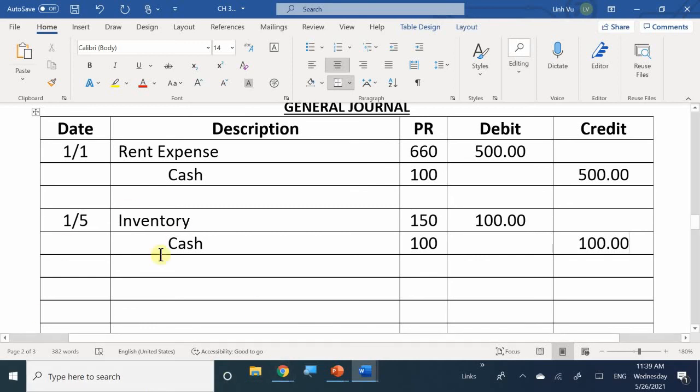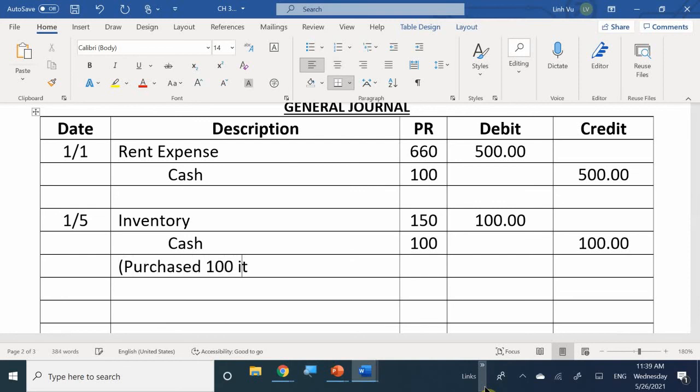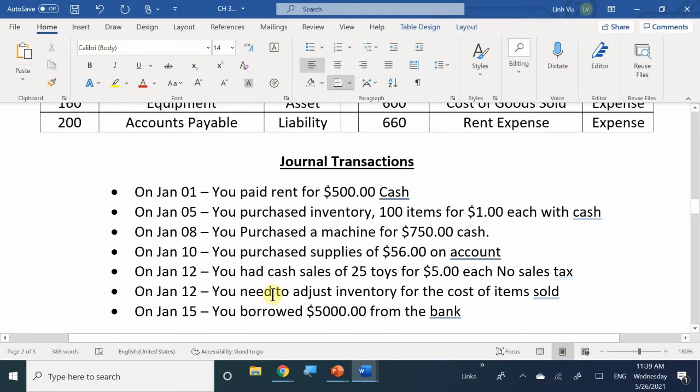And here, if you want to, you could also practice saying that I purchased 100 items at $1 each. All right, and that could be your description for inventory. All right, just like that. Okay, so let's go ahead and do the next one.